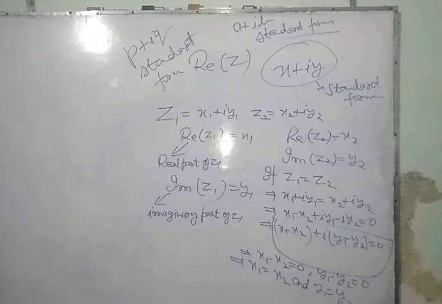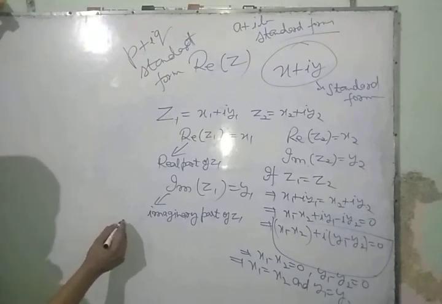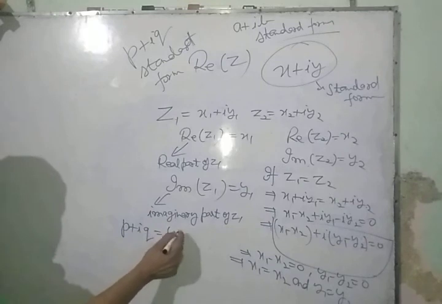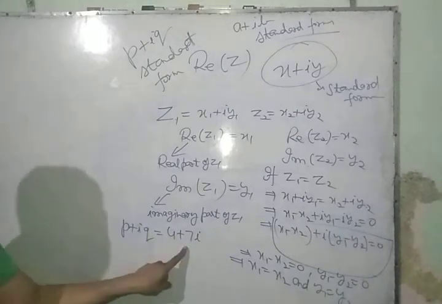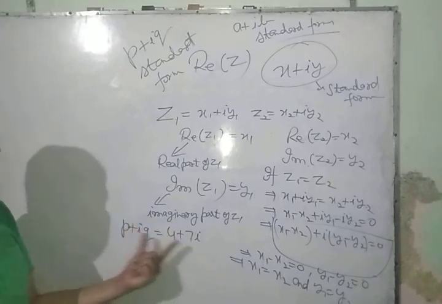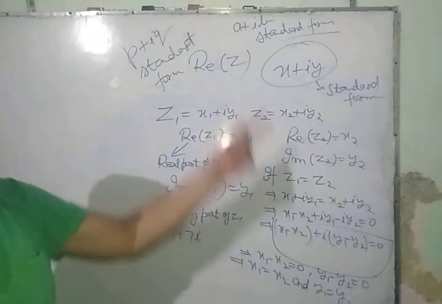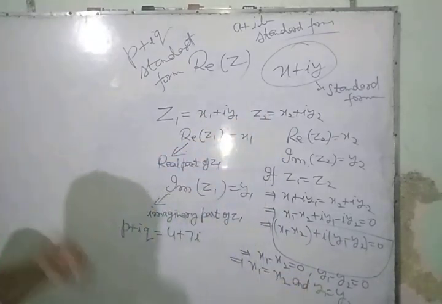For example, note it down, then I will show you an example. Suppose p plus iq is equal to 4 plus 7i. There are two complex numbers, one is p plus iq and another is 4 plus 7i, and they are equal. We have proven that if any two complex numbers are equal, then their real parts and imaginary parts are also equal.